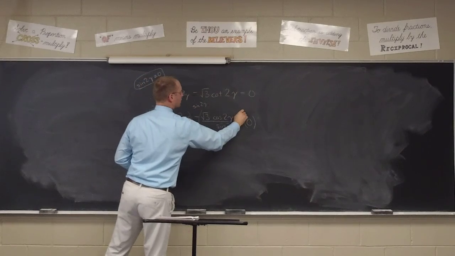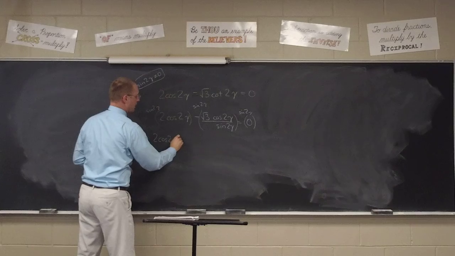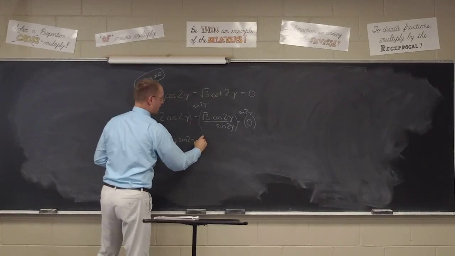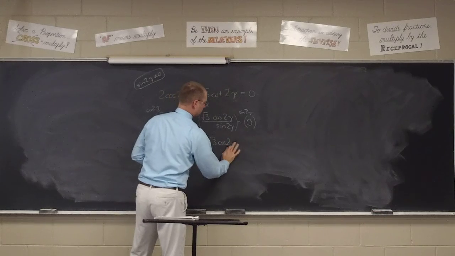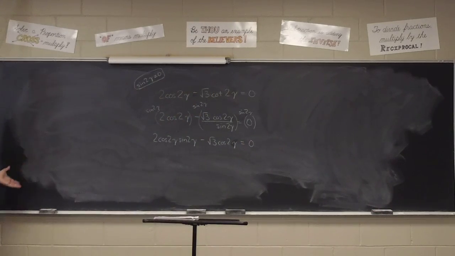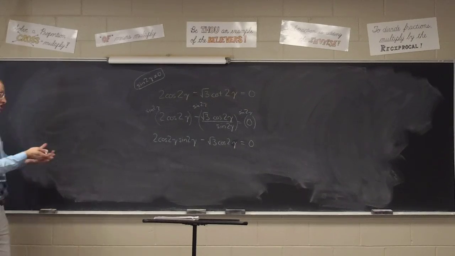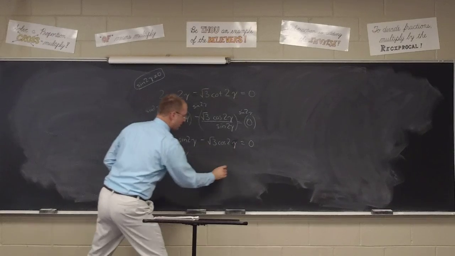All right, so that gives me 2 cosine 2 gamma sine 2 gamma minus square root of 3 cosine 2 gamma equals 0. That's pretty easy, right? And now we factor out the common factor, which is still cosine double angle, cosine 2 gamma.